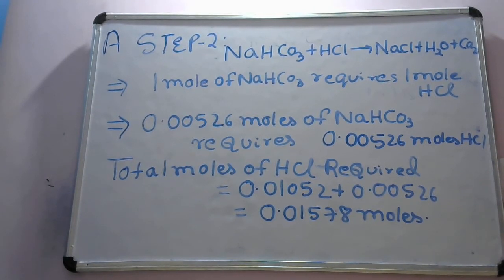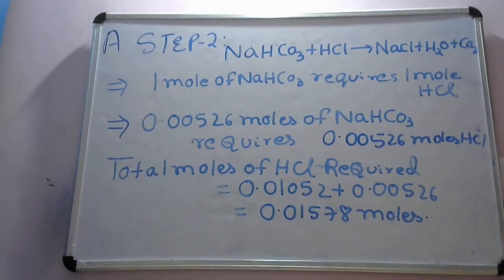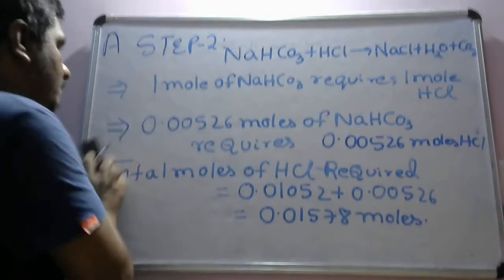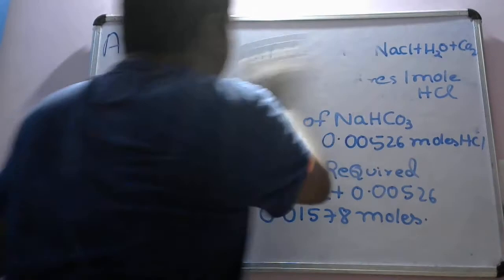Now we will proceed to the final step to calculate the volume of 0.1 molar HCl. That is what is asked, to calculate volume of 0.1 molar HCl. Okay. Now let's proceed to the final step, that is step 3.